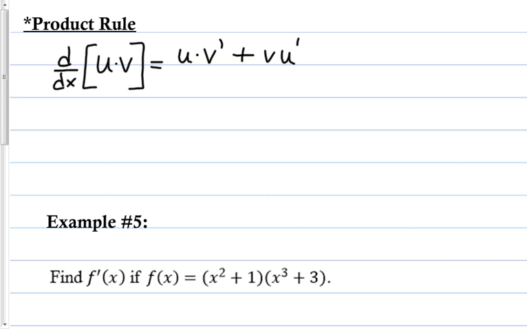Now, I'm going to share the verbiage for this product rule, or the words of how I would say this. So this is how I would say this. I would say the first. When I say first, I mean the first function. In this case, it's u. So the first times the derivative of the second.